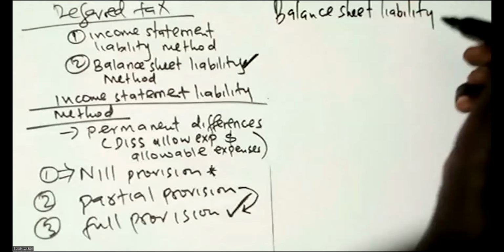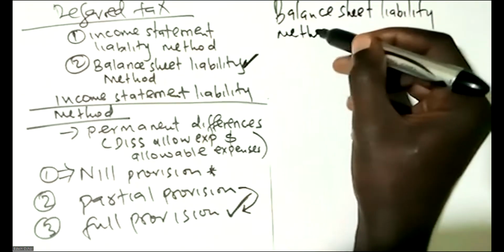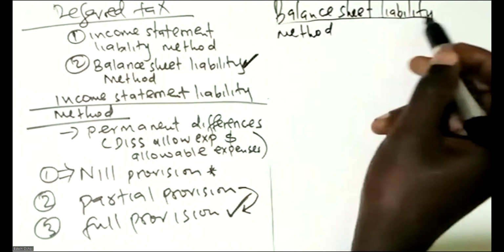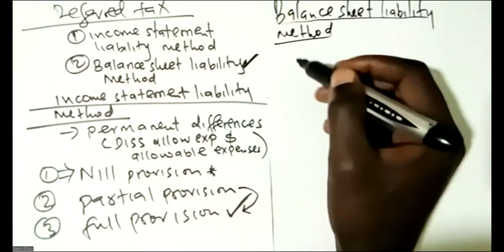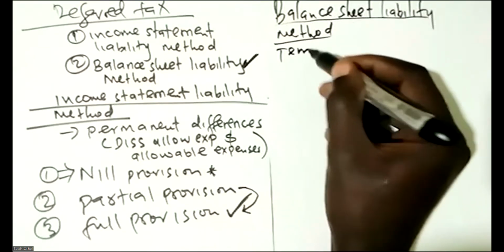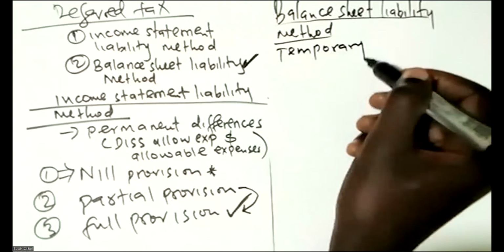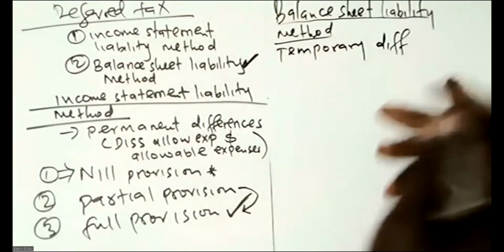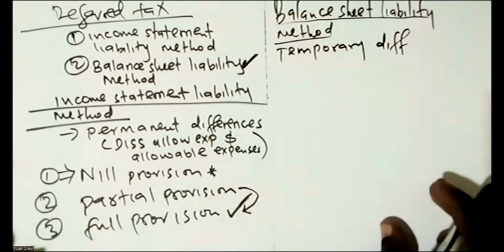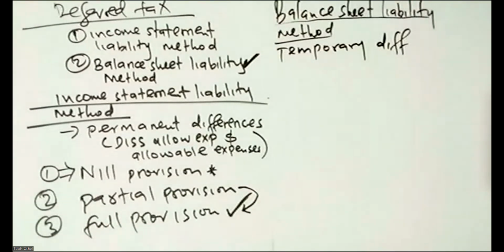The balance sheet liability method views deferred tax to arise from temporal difference. And you know what a temporal difference is; I have just talked about it earlier. It's all about carrying amount minus tax base. Carrying amount is cost minus accumulated depreciation, and the tax base is cost minus accumulated capital allowance.